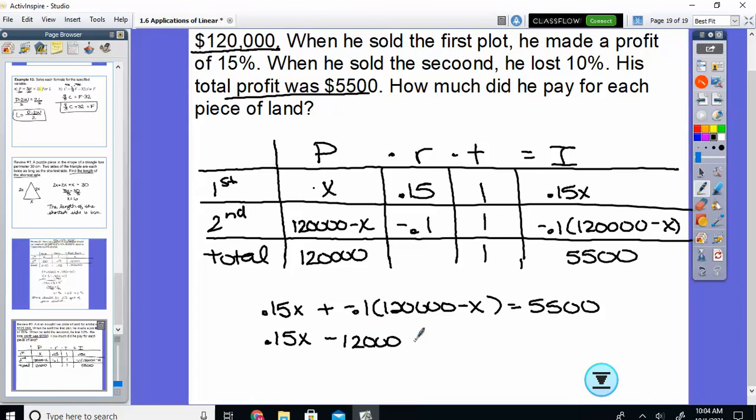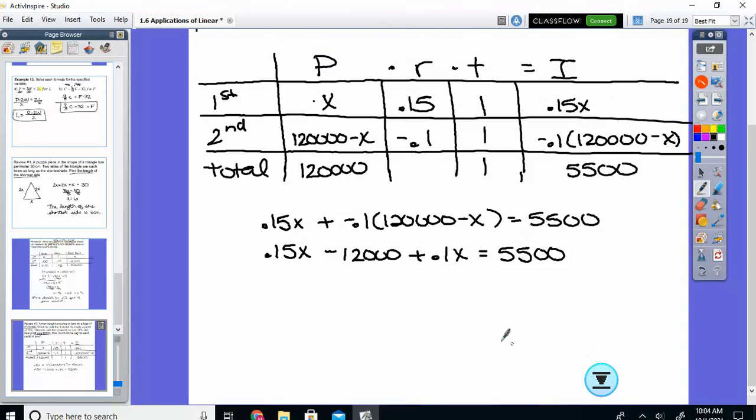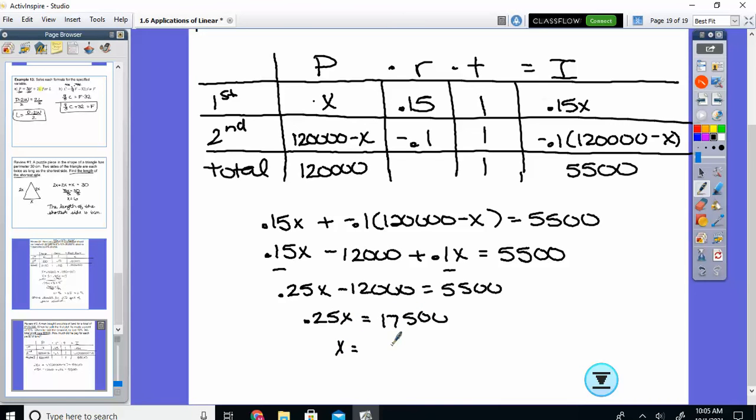I distribute. Add like terms. It's 70,000.